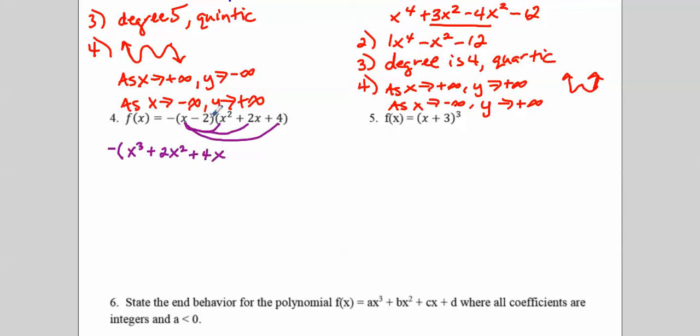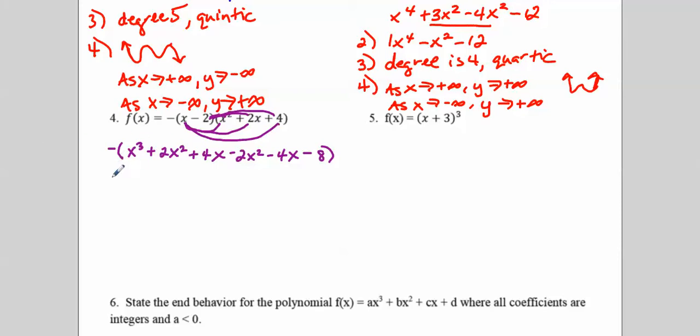Now I'm distributing negative 2, so negative 2 times x squared, negative 2x squared. Negative 2 times 2x is negative 4x, and negative 2 times 4 is negative 8. Okay, so now we want to combine like terms.